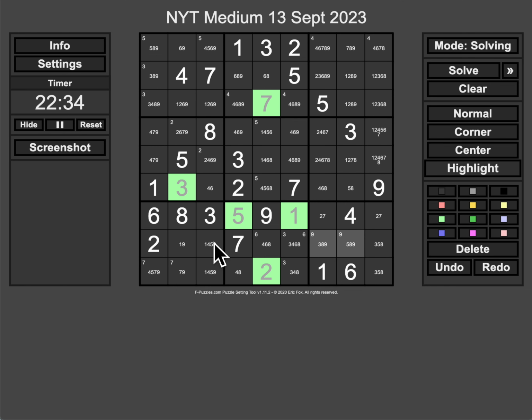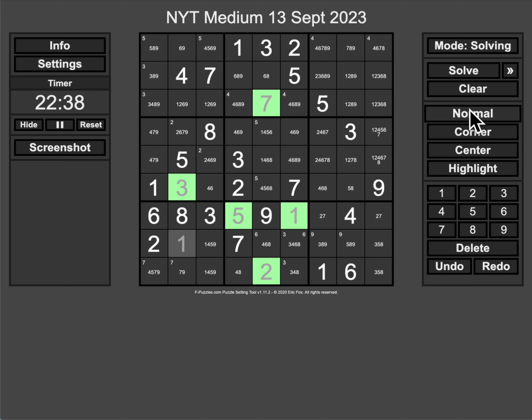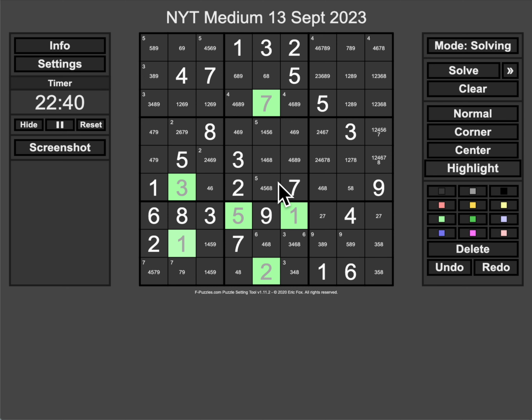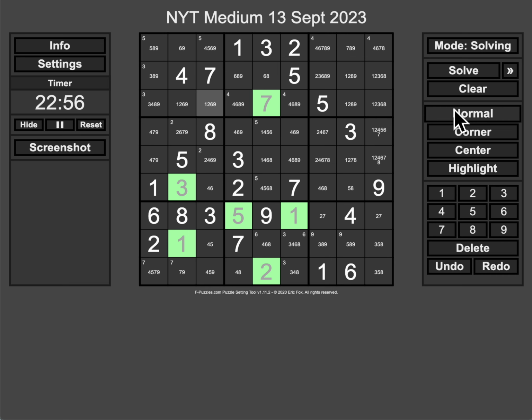Okay, 9 here means these can't be 9, so that's a 1. This isn't 1 or 9. 1 says that's not 1. And looking back up in the grid, that's not 1.